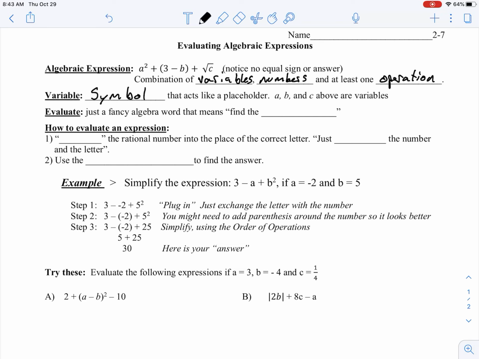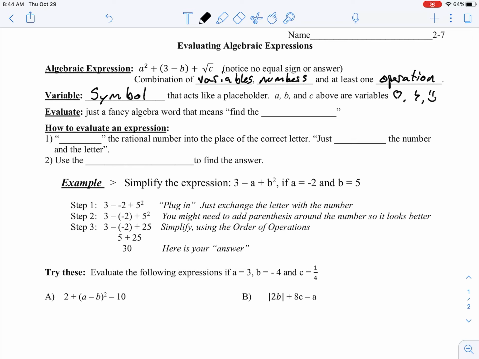All right, so all a variable is now is a symbol that acts as a placeholder for a number that we do not know yet. So a, b, and c are variables, so all it is is a symbol. If you wanted to, you could have a heart for a variable, or a lightning bolt, or a smiley face, just some sort of symbol to recognize that you have a value there that you do not know.